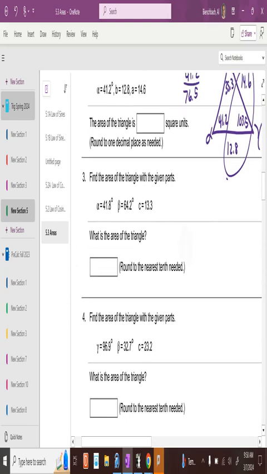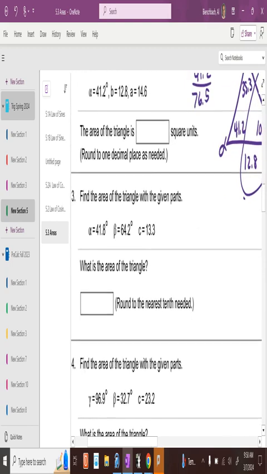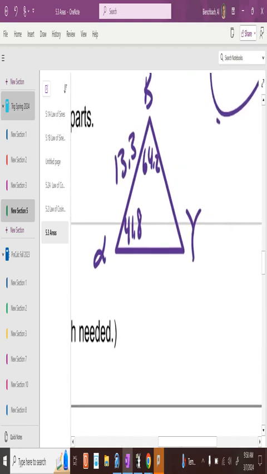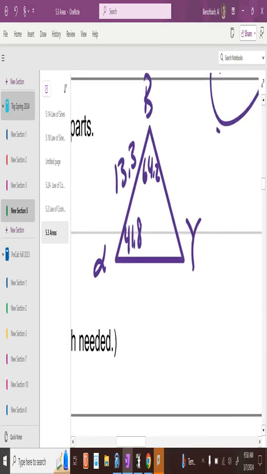All right. So, what if we have two angles and a side? Alpha, beta, gamma. Alpha is 41.8, beta is 64.2, C is 13.3. So I have angle, side, angle. I need side, angle, side. How do I do this? Well, what do you do? What's the plan? If I have this, what plan should I make?